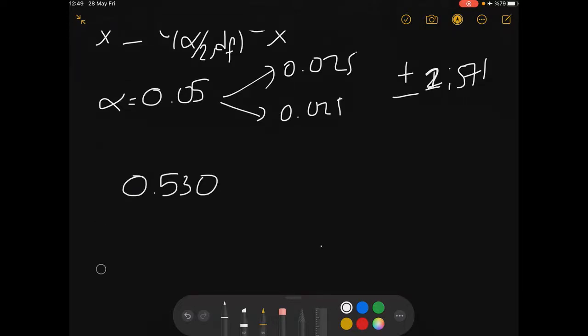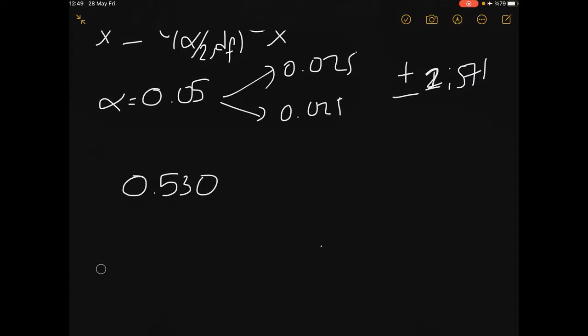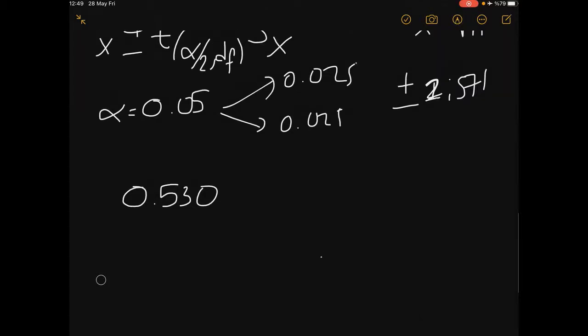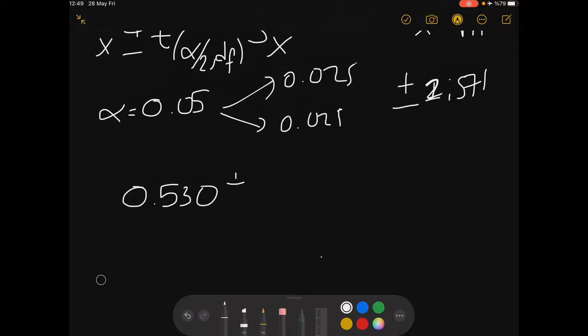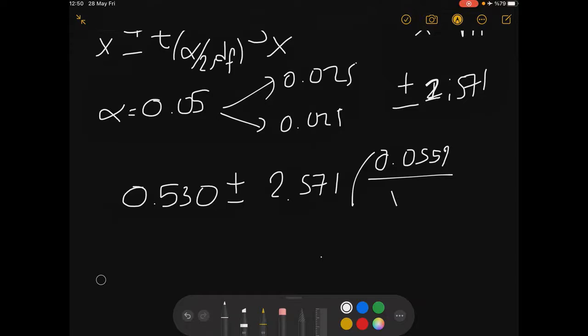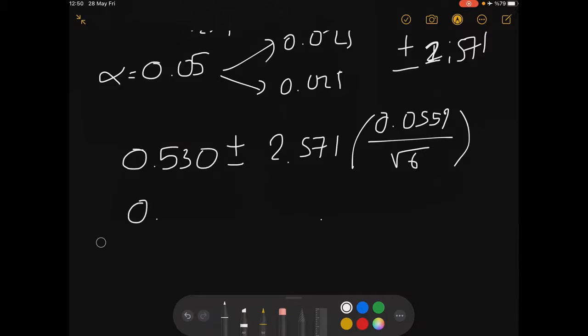So when you do this, what is this? 2.5 plus minus 2.571 times your standard deviation over square root of your samples. And if you use your calculator, you're going to end up with plus minus these upper limits.